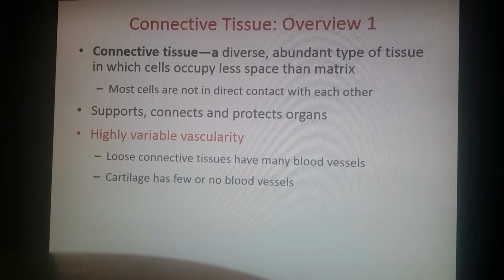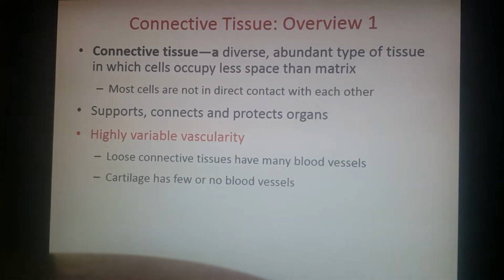Another connective tissue that has no blood vessels, or very, very few, is the cartilage that sits between your different bones. So there are varying degrees of vascularity, but still their job is to support and protect.